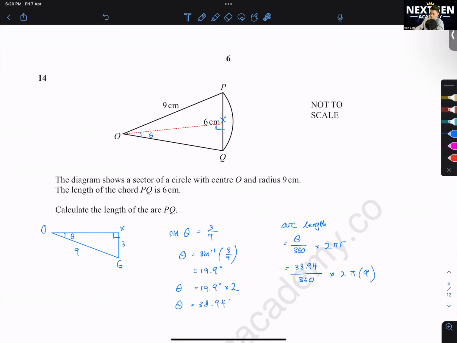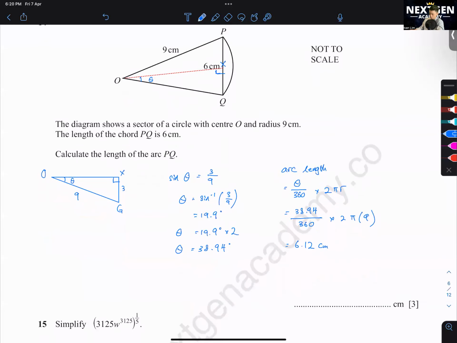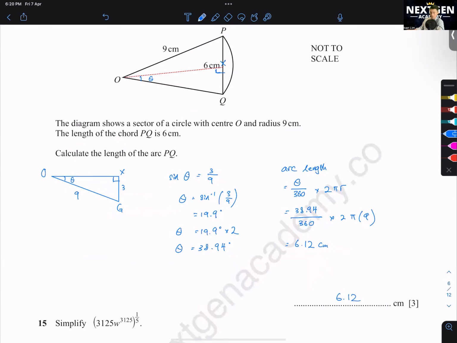They will give you a range of answers that will be acceptable, but just to be safe, we always use the most accurate value, whatever is shown on the calculator. So over here, we will get 6.12 cm.